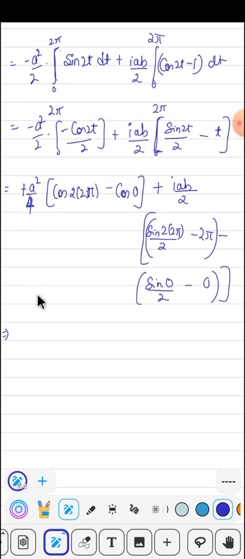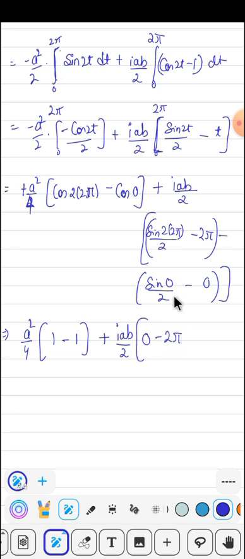Next, I am left with a square upon 4. Cos 4 pi will be 1 and cos 0 is 1, plus i a b upon 2. I know sine 4 pi upon 2 will be 0, 0 minus 2 pi, and this will also be 0.